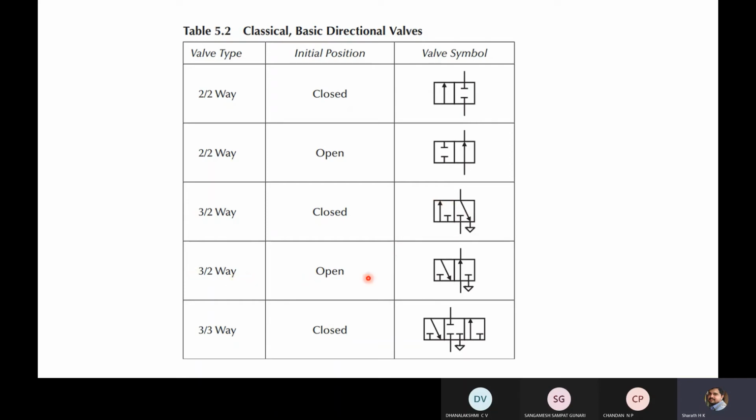Next, 3x2-way valve, normally open because by default this position is actuated. Next 3/3 way valve. There are three positions. One is this position, another will be this. One more position is like neutral, neither this nor this. So that is the three position. It is like a neutral, or sometimes we call it tandem center also.